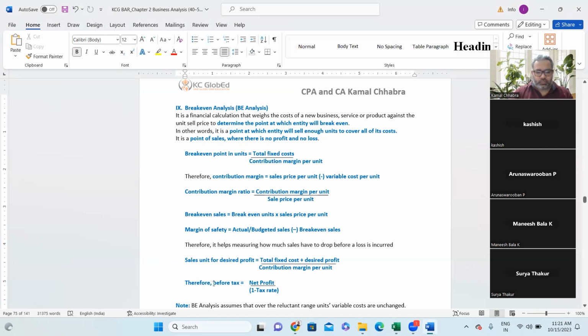Right. So if you have to calculate the profit before tax, you will be using this formula. If you have been given net profit, then you need to gross it up first.